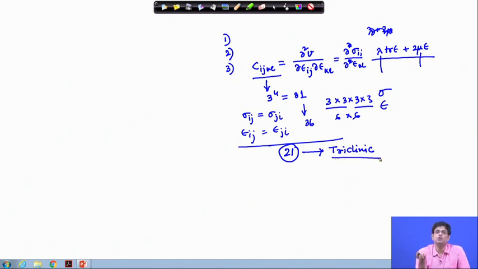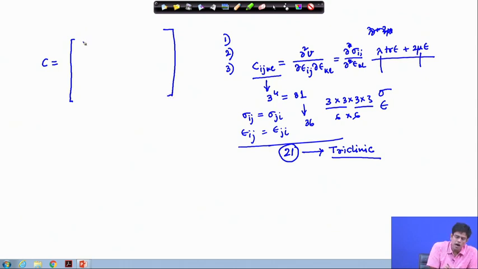Now, once we know the 21 independent constants, we know which coefficients are responsible for what. So, we derive the stiffness matrix, or the material constitutive matrix, which is C11, C12 and so on.